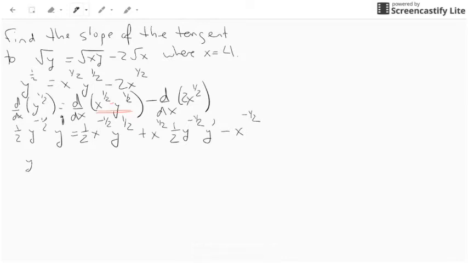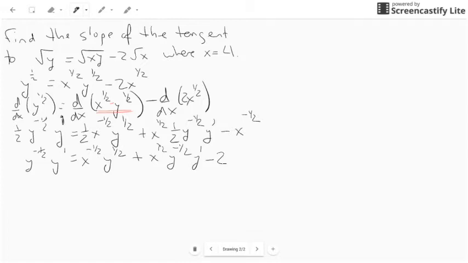So this is going to be y to the negative 1/2 y primed equals x to the negative 1/2 y to the 1/2, plus x to the 1/2 y to the negative 1/2 y primed, minus 2x to the negative 1/2.